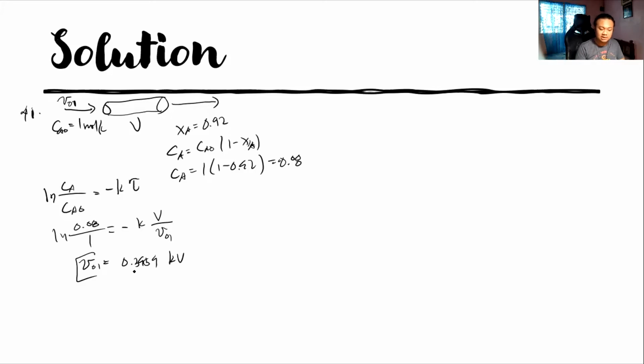Okay? For now, the second condition that was asked of us is that we will hook it up with a CSTR. So CSTR is twice the volume of our current PFR. Okay?